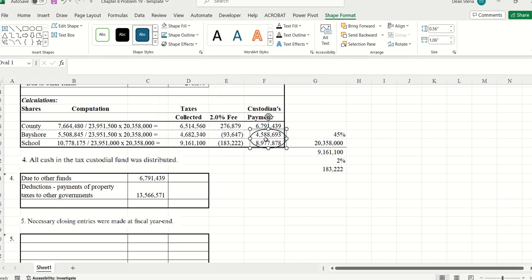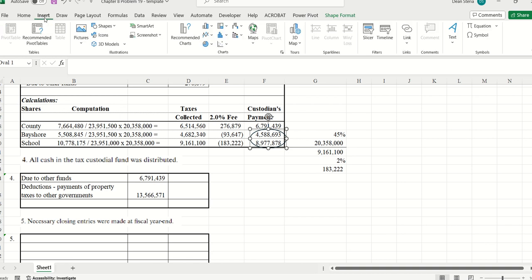Okay, so we combine those two, and then that flows down to right there.